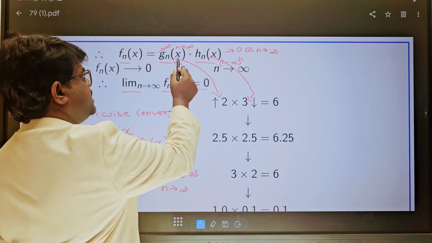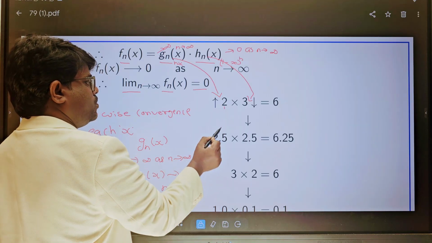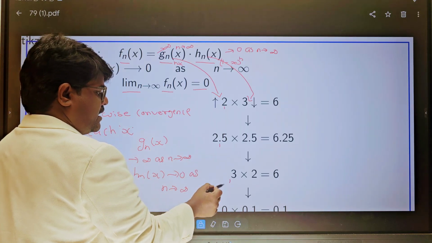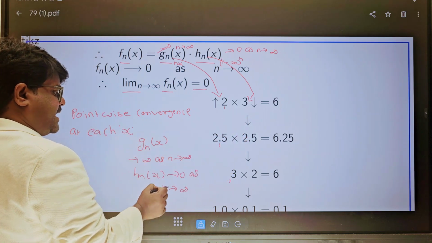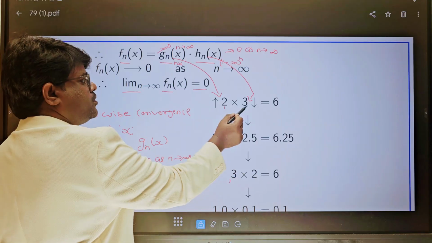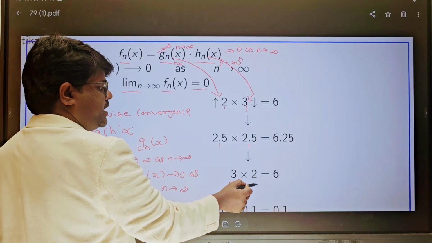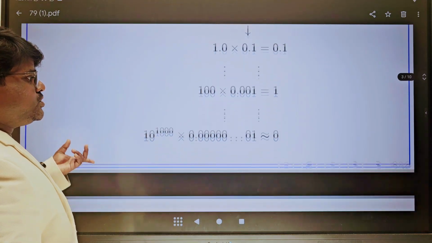So gn of x is increasing to infinity, 2, 2.5, 3, up to infinity, and this is reducing to 0, 3, 2.5, 2, and so on.